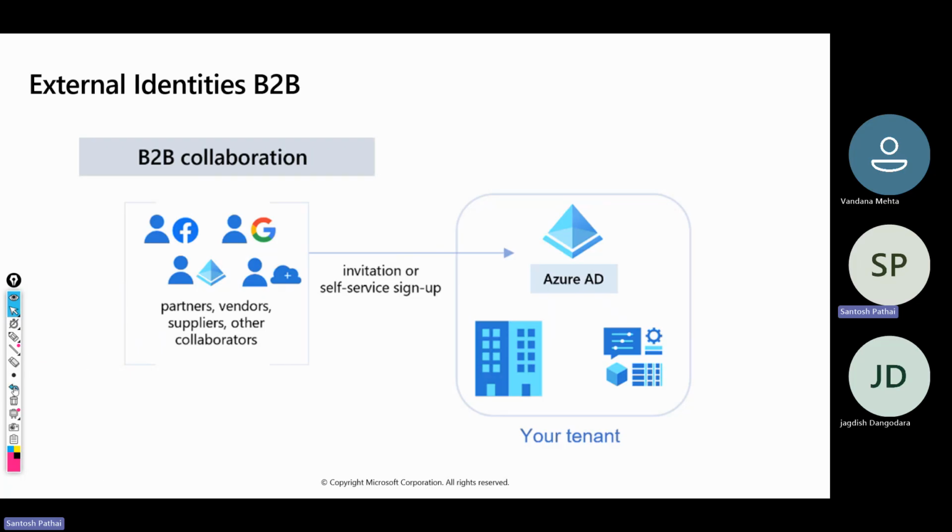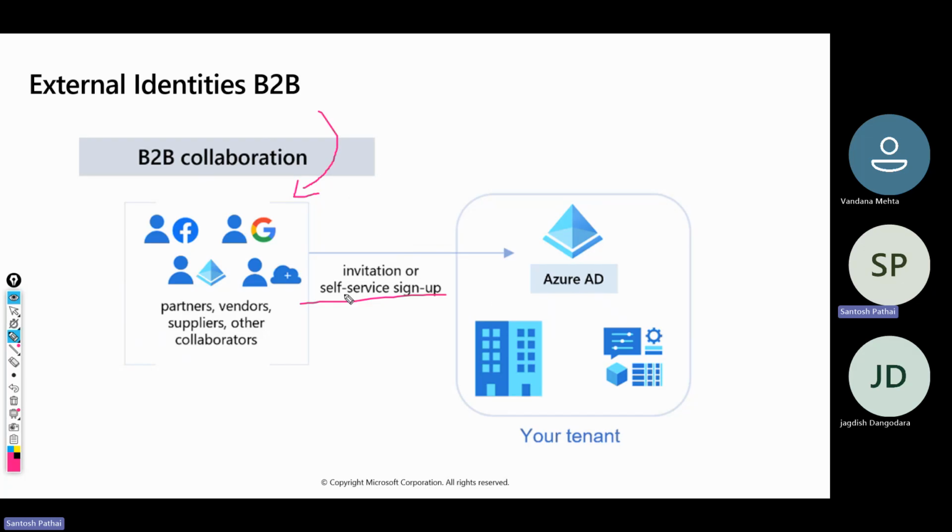Then we have external identities, B2B identities for collaboration. With Azure AD, we can invite, or offer self-service sign-up for, external partners, vendors, suppliers, and other collaborators with their external identities to our Azure account.